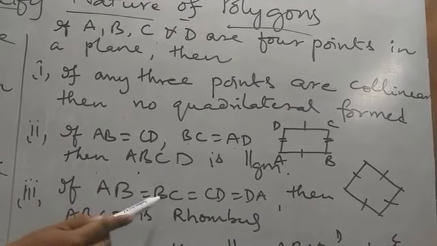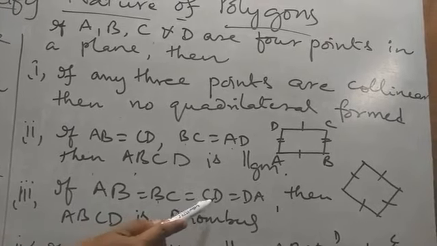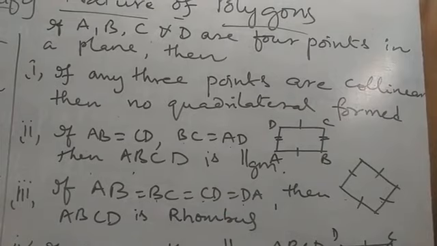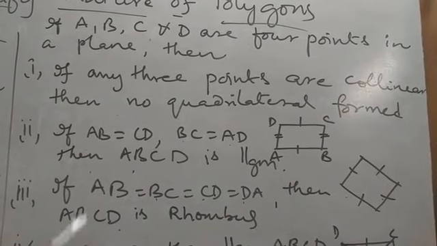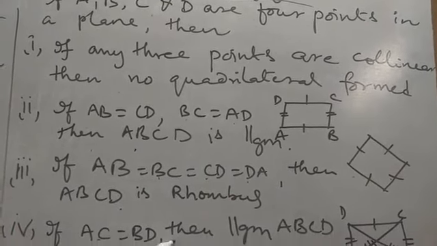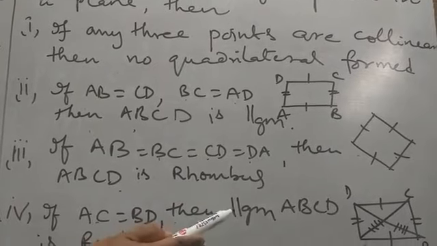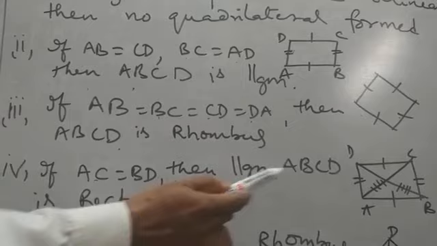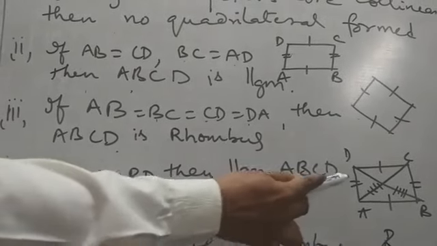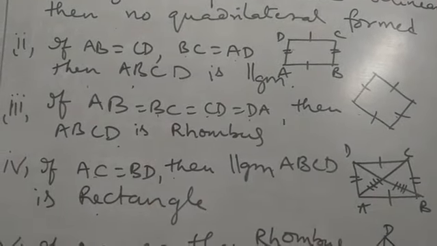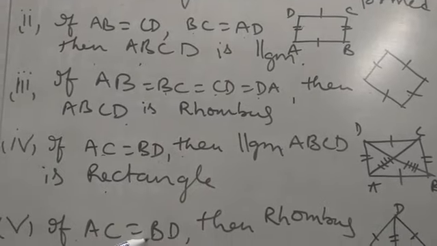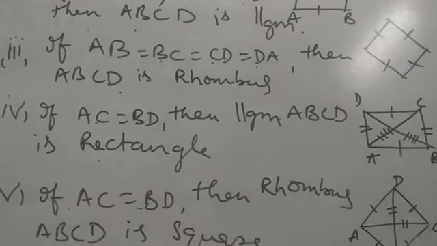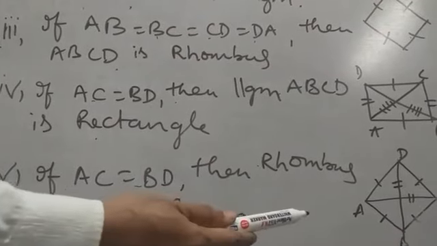If AB equal to BC equal to CD equal to DA, that means all the 4 sides are equal, then it is a rhombus. If AC equal to BD in the parallelogram ABCD, that means the diagonals are equal, then it is a rectangle. If AC equal to BD, that is, if diagonals are equal, then the rhombus ABCD is a square.